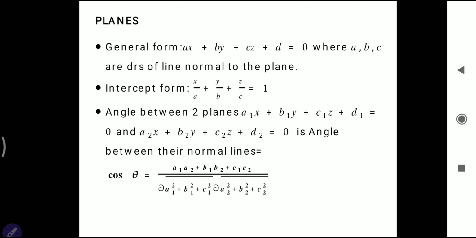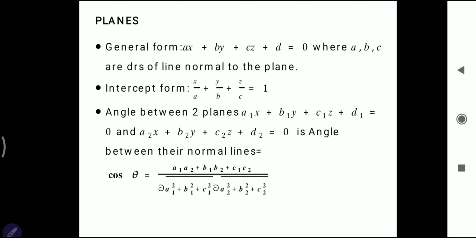Then the intercept form of the plane is given by x upon a plus y upon b plus z upon c is equal to 1, where a, b, c are the intercepts on the respective axes. Now if you want to find the angle between two planes, simply find the angle between their normals, because the angle between their normals and the angle between the planes is the same.